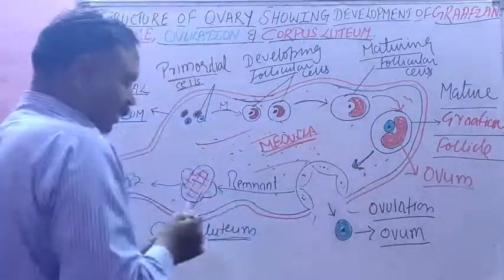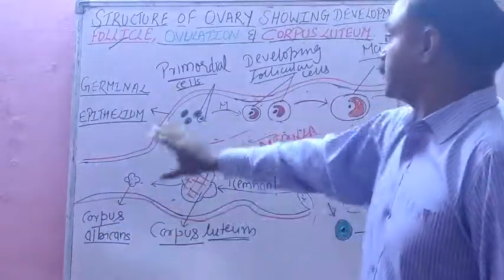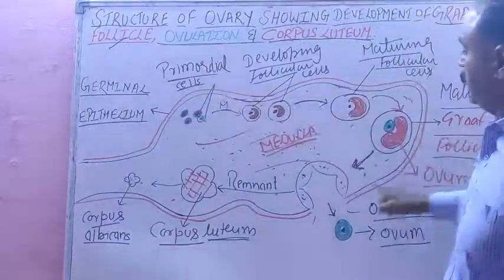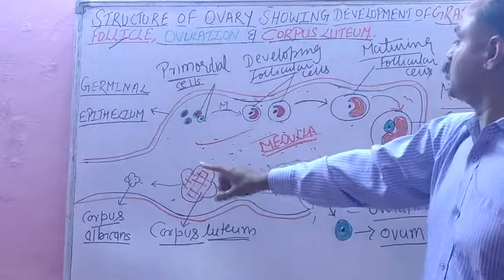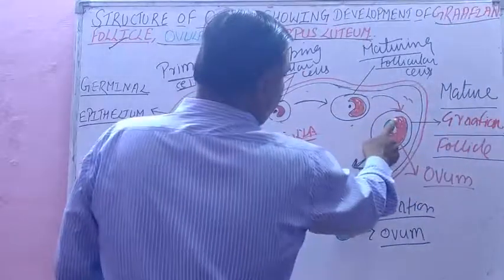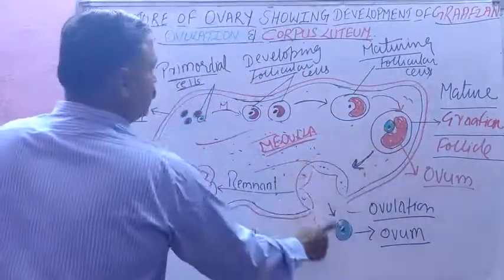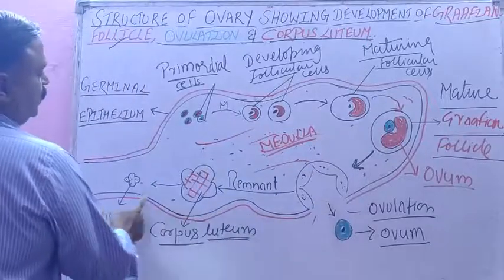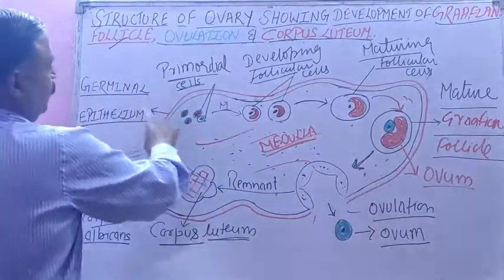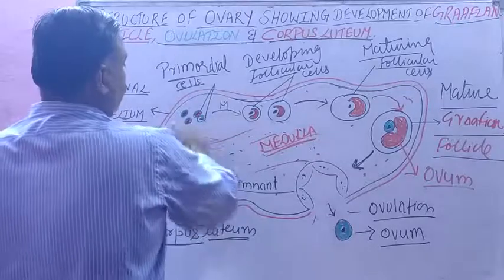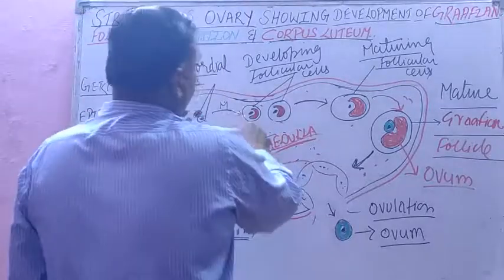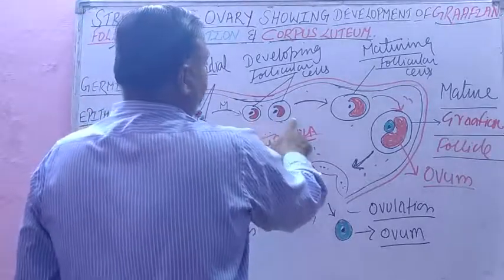Students, let us recap once. We are studying the structure of the ovary showing development of Graafian follicle, ovulation and formation of corpus luteum. First, germinal epithelium cells divide to produce primordial cells, then they divide mitotically to produce developing follicular cells.